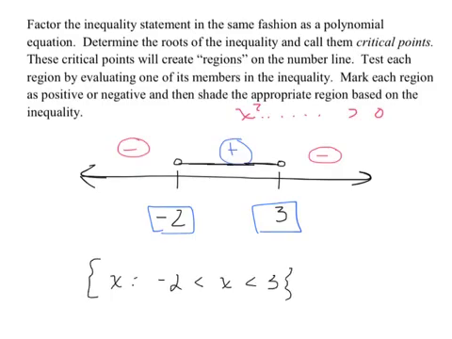Had this sign, instead of being greater than, been a less than symbol, we would want to know when this expression is less than 0, or negative. So the answer would have been the opposite locations. It would have been this region and this region, and that would have been an OR statement.